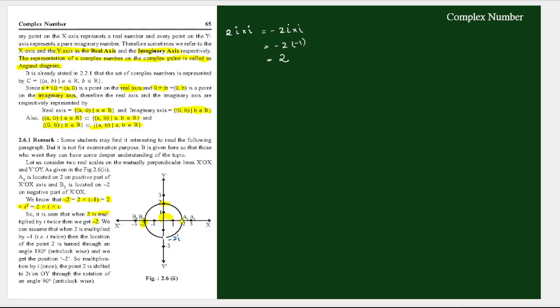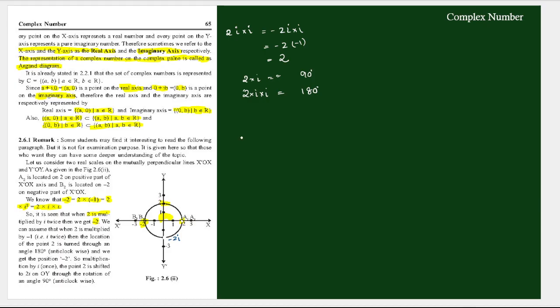Fine. So for a number, multiplying by i makes an angle of 90 degrees. It rotates in the anti-clockwise direction by 90 degrees. Multiplying again, it will reach 180 degrees, the straight line.